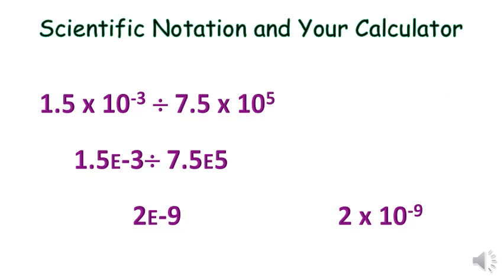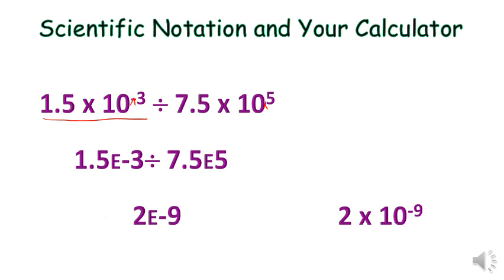Okay, so into your scientific calculators, I'd like you to enter that very first number just as it's written. So we have 1.5 times 10, and here, go ahead and use the caret. So you'll put all of this into your calculator just as is. 1.5 times 10, negative 3. Then divided by 7.5 times 10, use the caret, 5.